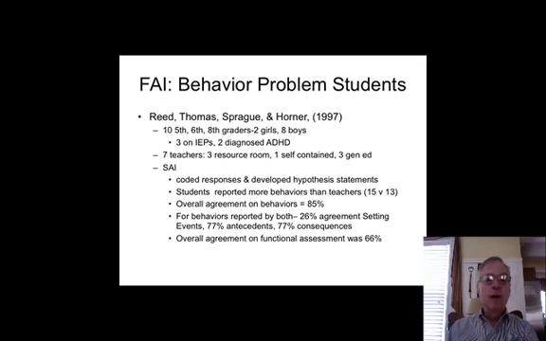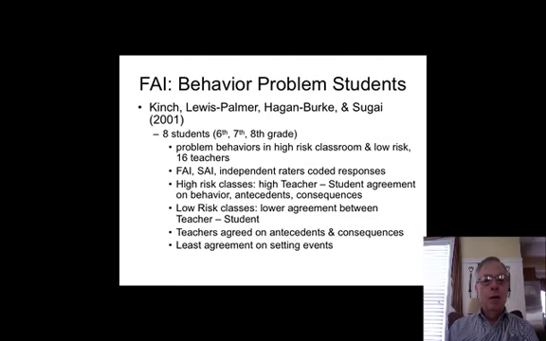It was another way of developing a hypothesis without having to run a functional analysis. Kitch, Lewis-Palmer, Hagberg, and Sugai in 2001 did another study where they looked at 8 students. They looked at high-risk and low-risk classrooms with 16 different teachers. This was another alternative to the Motivational Assessment Scale.